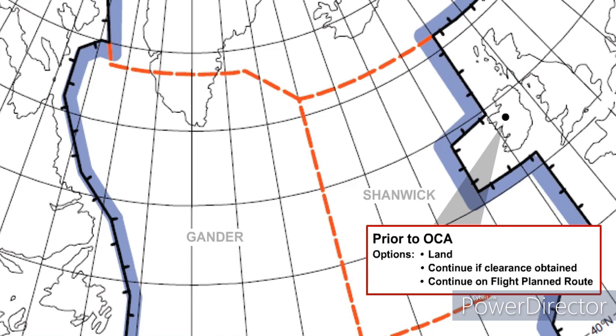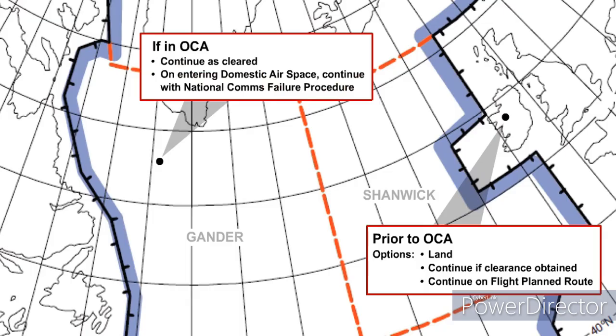If no clearance has been received and acknowledged, he must enter the OCA as per his flight plan and maintain the speed and level until landfall. If the aircraft is already in the OCA, it should continue as cleared to the oceanic exit point or landfall. On entering domestic airspace, the flight should be continued in accordance with the appropriate national communications failure procedure.